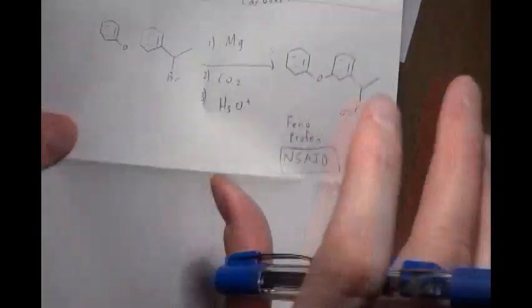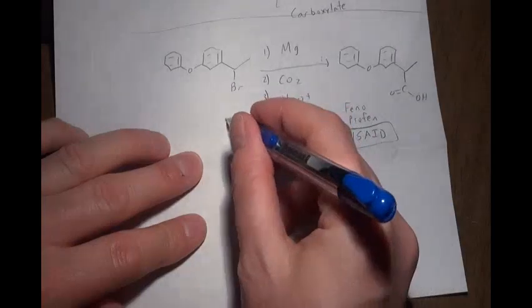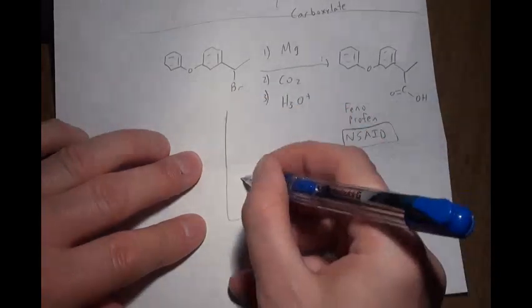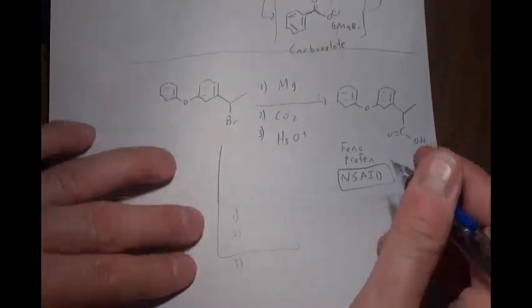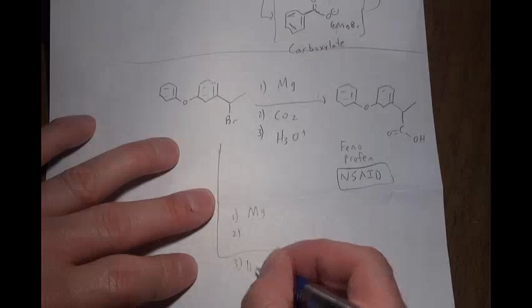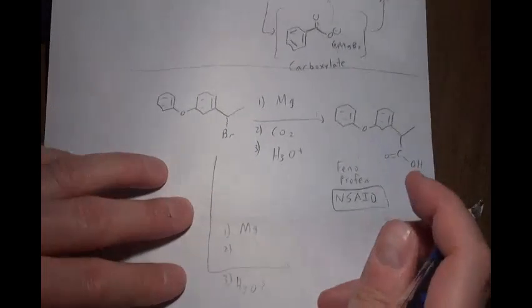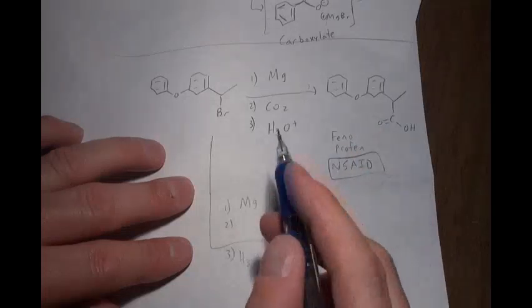Okay, and this is kind of complementary to another thing you learned. So we should just mention it. What if we do magnesium and then H3O is the last step? Because what other one-carbon electrophiles do you know? Like things that we can react with the Grignard.